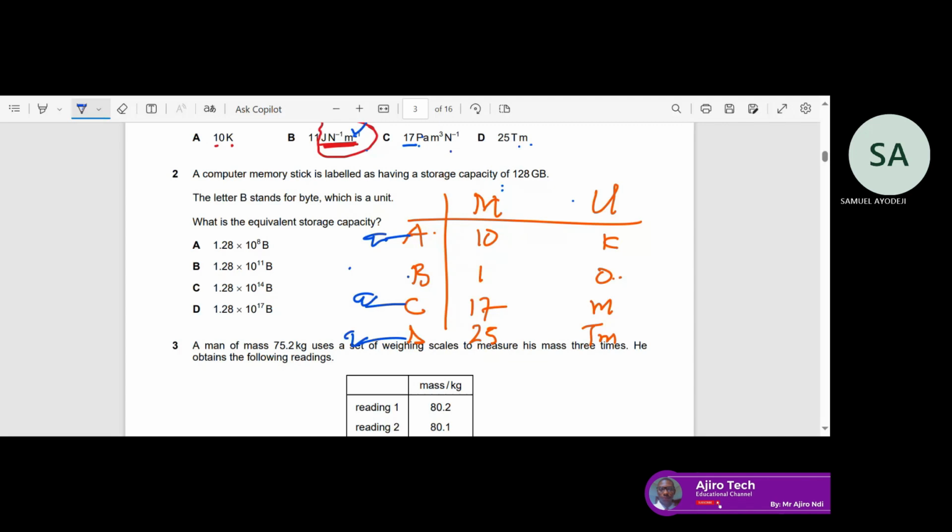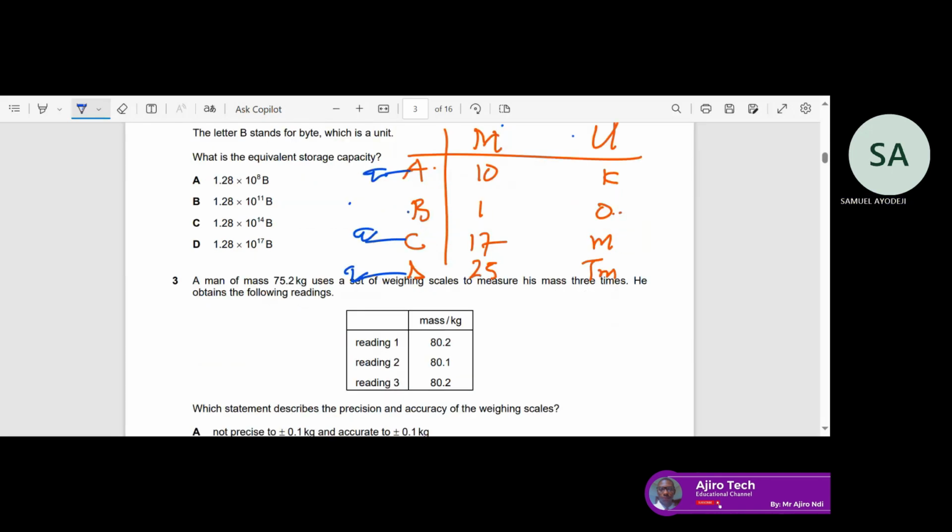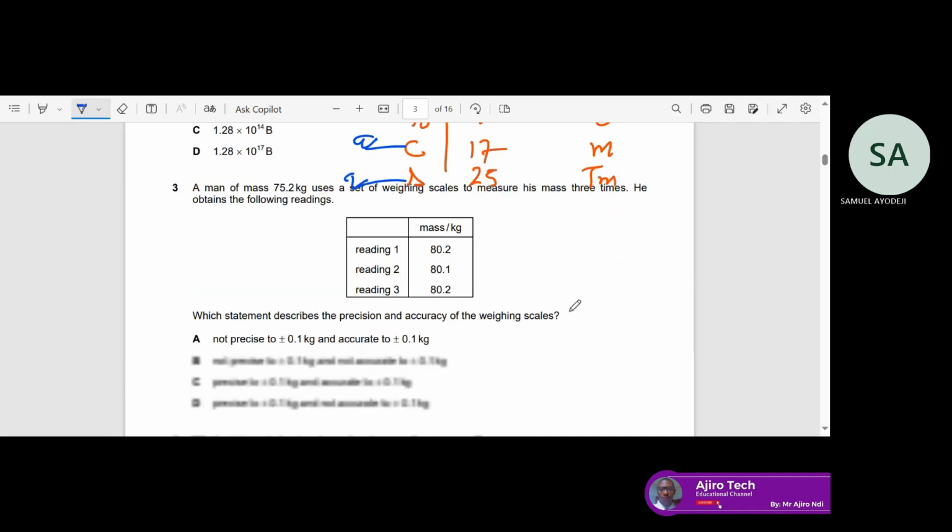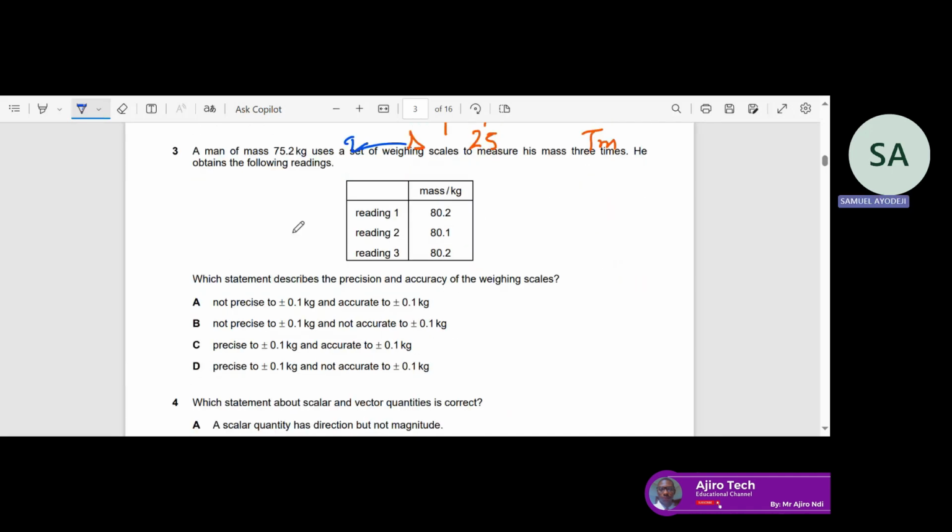A man of mass 72 kilograms, 75.2 kg. Number 3. Say you said in your notes that if values are close to each other, then they're accurate. Number 3.